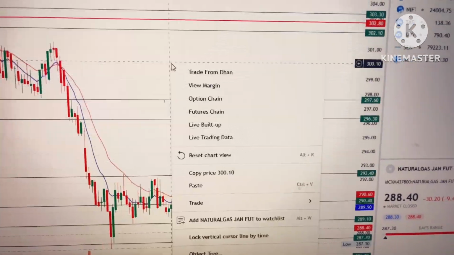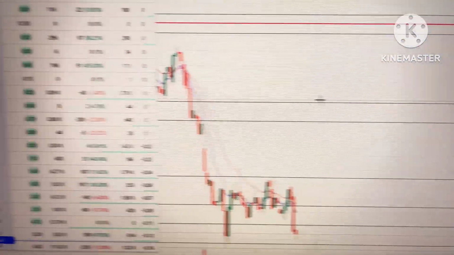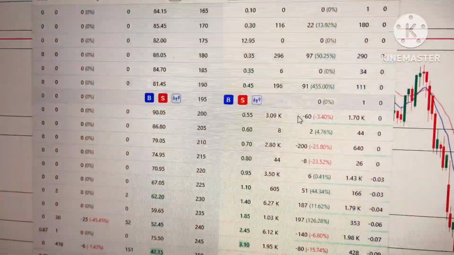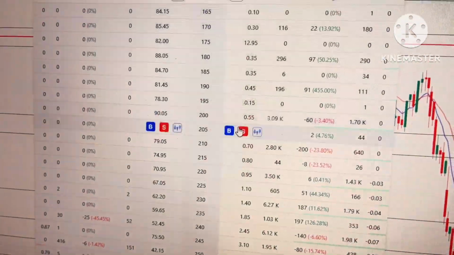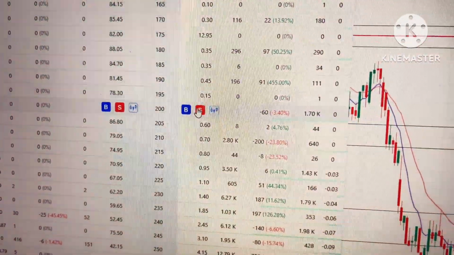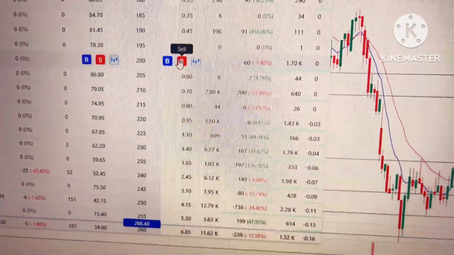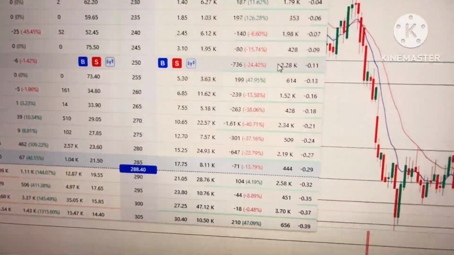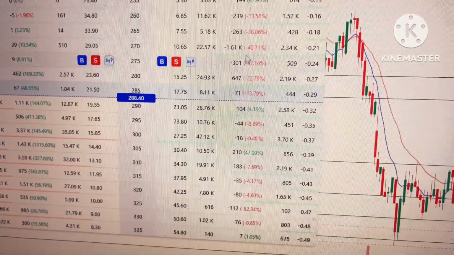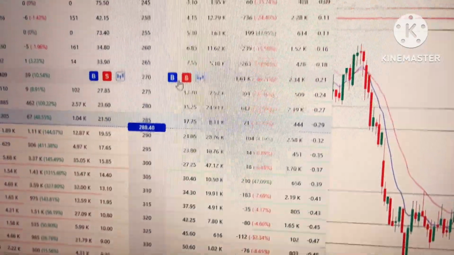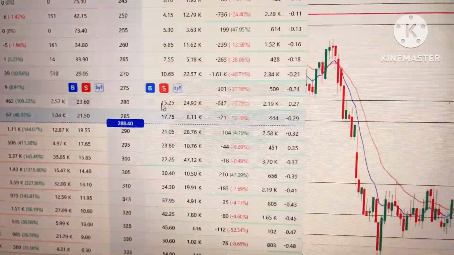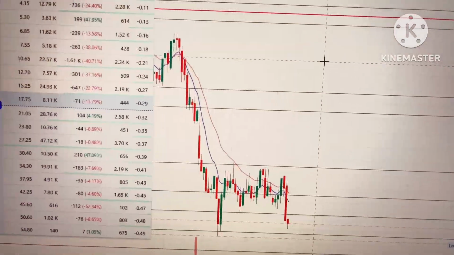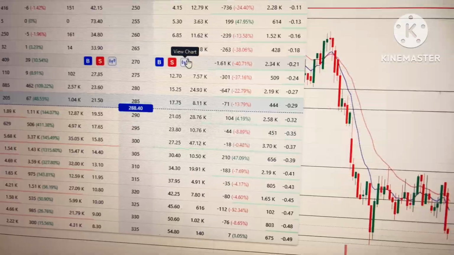Now this is the futures chart, so we'll go to the option chain. When we go to the option chain, don't take an out of the money strike price if there is no expiry on that particular day. If there is no expiry on that day and you take an out of the money strike price, by the time of the expiry date it will decay and you will not get any profit.